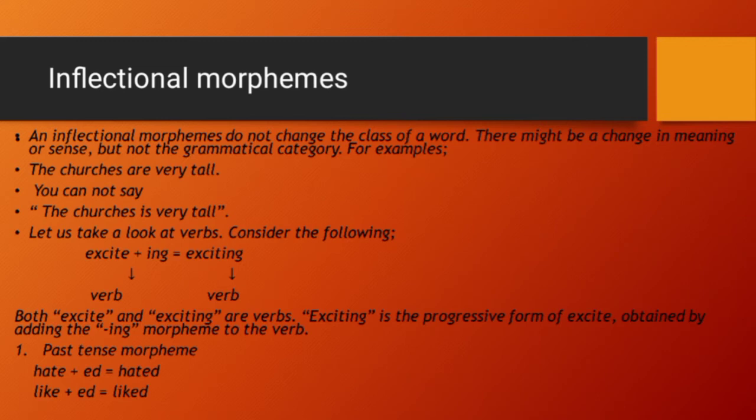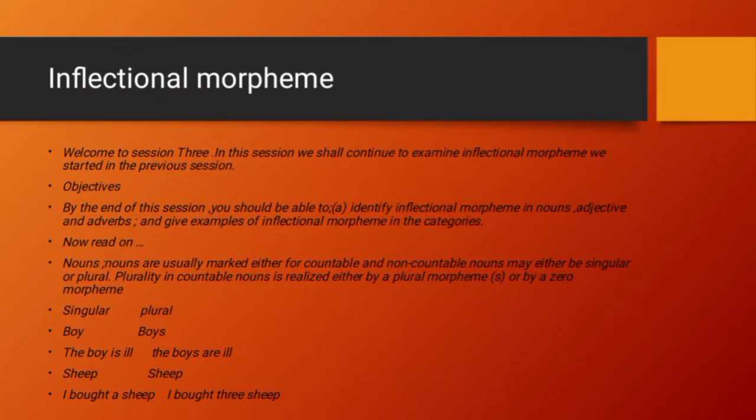Exciting is the progressive form of excite, obtained by adding the ing morpheme to the verb. Past tense morpheme: hate plus ed, hated. Like plus ed, liked. Inflectional morpheme.